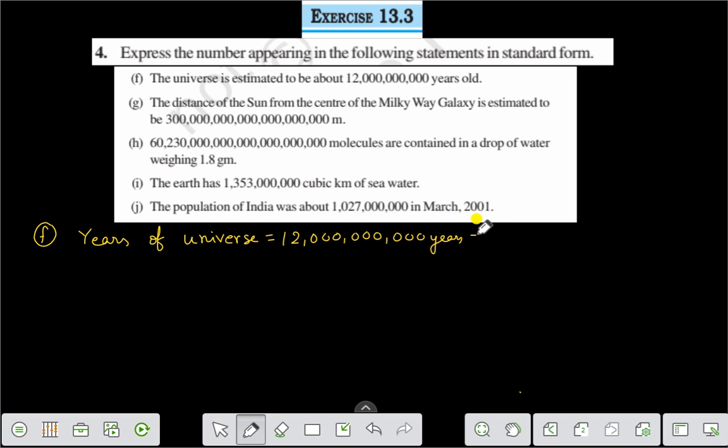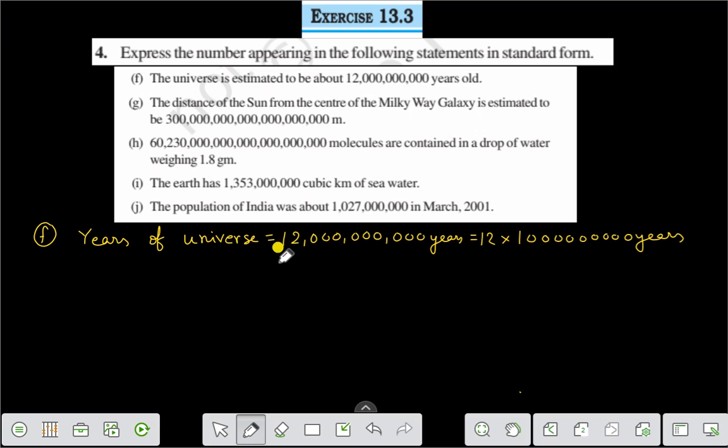Then it can be written as 12 into 1. How many zeros? 1, 2, 3, 4, 5, 6, 7, 8, 9 years.